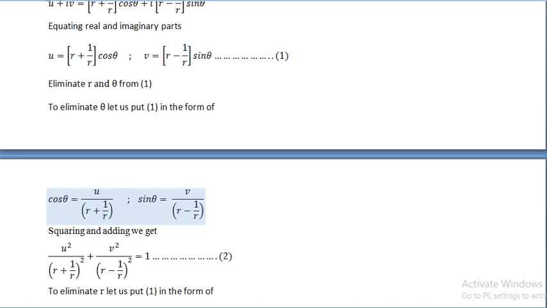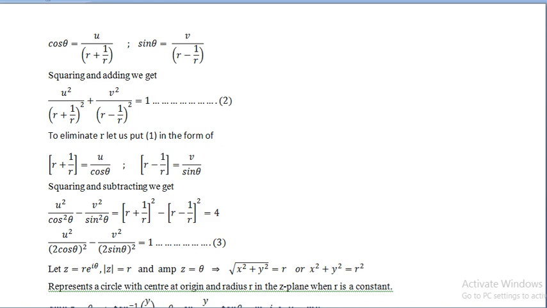Now we square and add these two terms: u²/(r + 1/r)² + v²/(r - 1/r)² = sin²θ + cos²θ, which is 1. Call this equation number 2. So when we eliminate θ we get equation number 2.